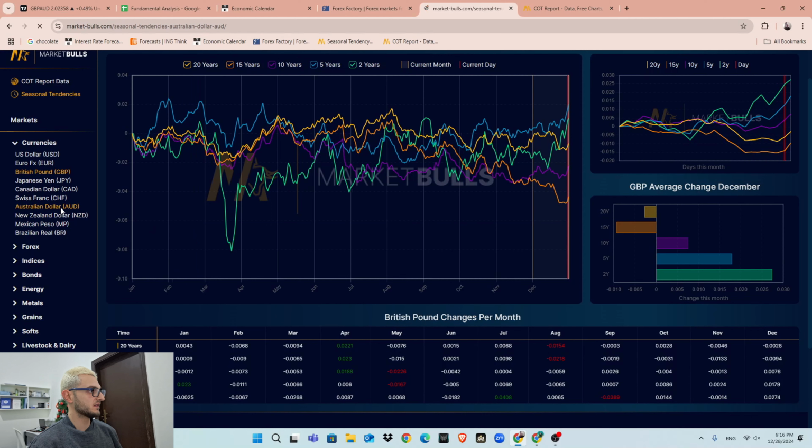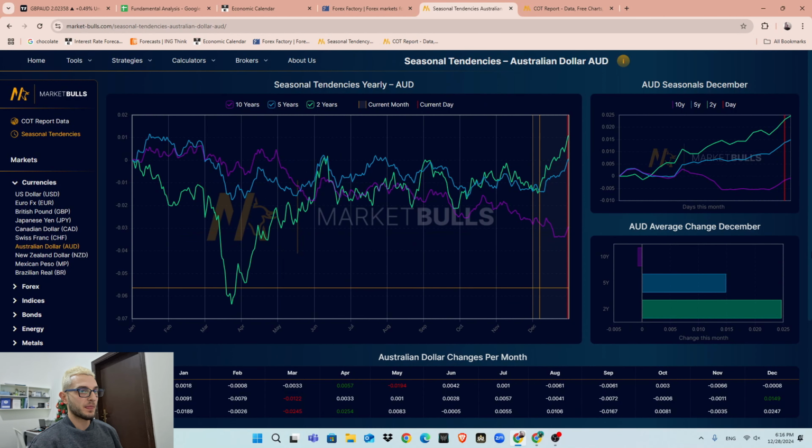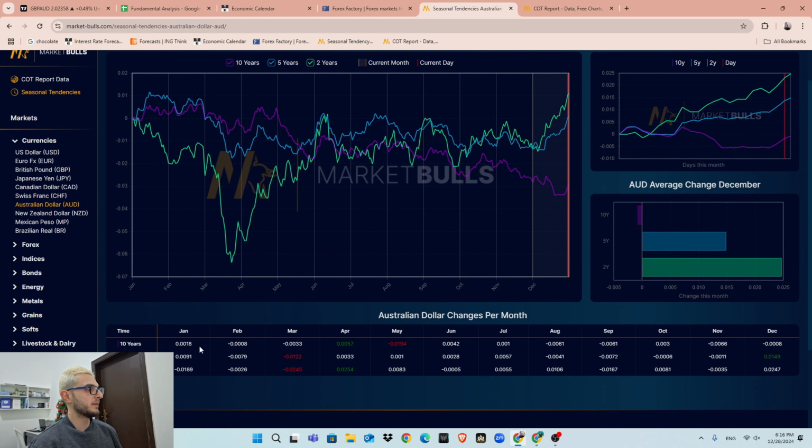Going to the Australian dollar. Australian dollar, based on the 10 years, we get some appreciation, then consolidation. Based on the 5 years, appreciation, then some consolidation.